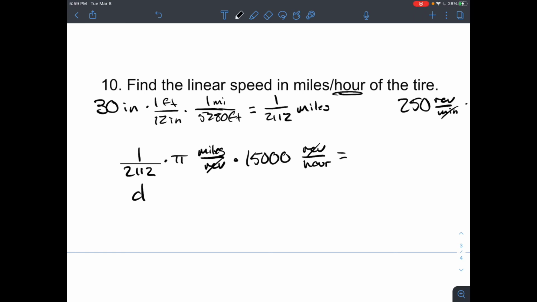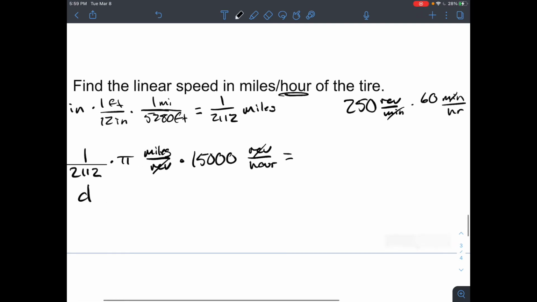We're going to get 0.62588 pi mph, and I want to get this in a decimal.